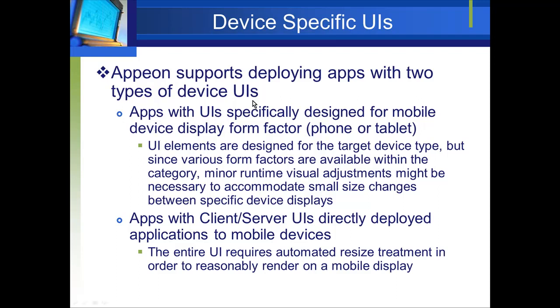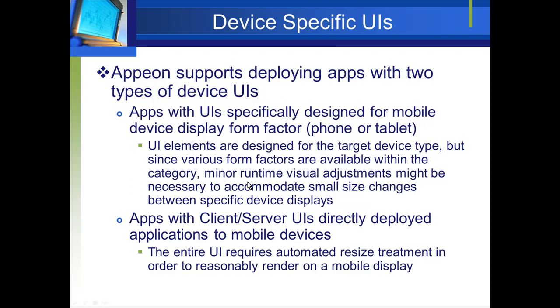In general, for the kind of UIs for a mobile device, a phone or a tablet, you're designing for the target device, as I mentioned earlier. I know there's a lot of words on this slide to consume, so let me just tell you at a high level: within a category of devices such as phone, in the iOS world you have the iPhone 4 and the iPhone 5, which are different sizes, but within range of each other.